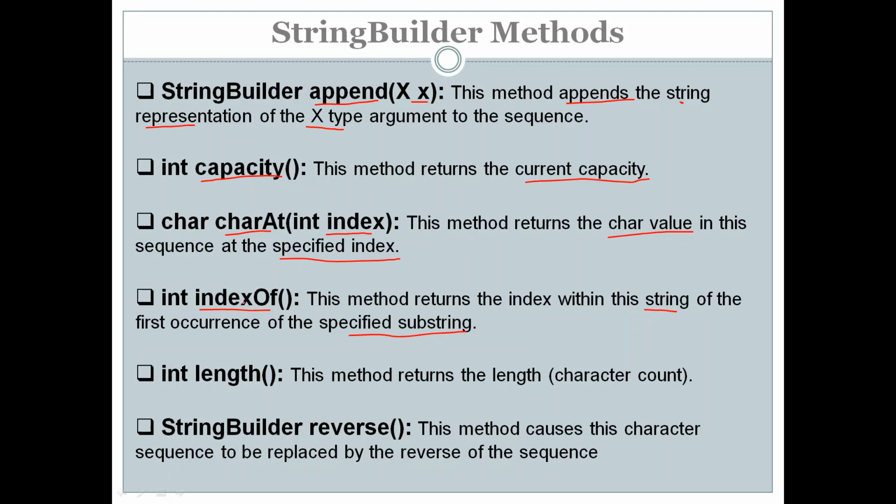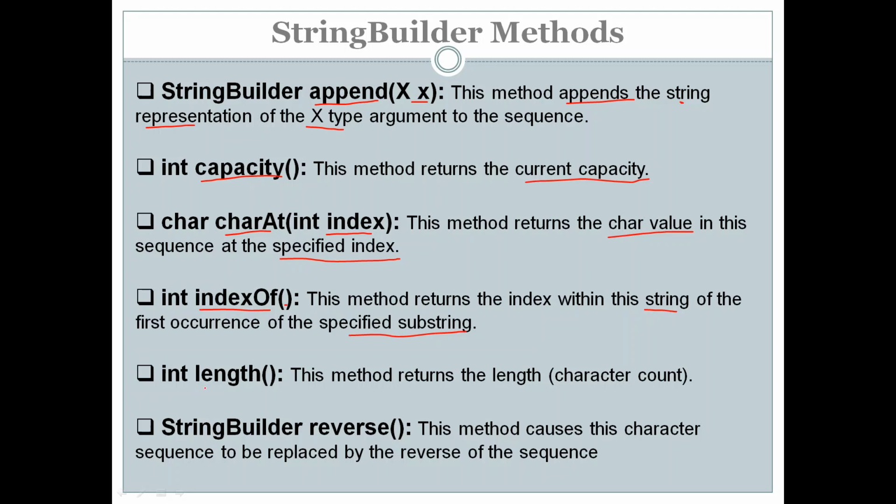To indexOf we need to pass some sequence, and if that sequence exists in the string, it will return the index of the first occurrence of that sequence. Suppose I have a string Java is awesome, and I want to know the index position of awesome in that string, then I may use this function, indexOf, and in brackets pass awesome, and it returns the first occurrence of the word awesome in the string Java is awesome. So that is indexOf.